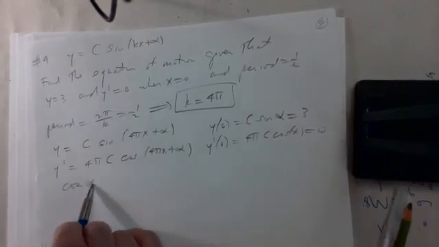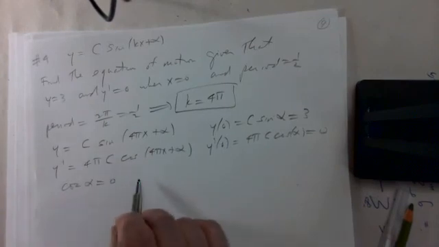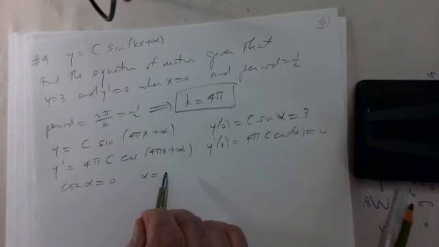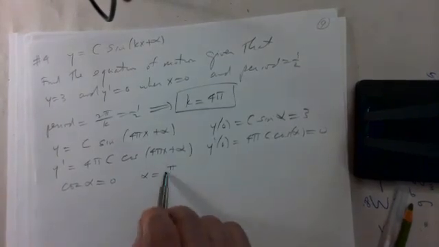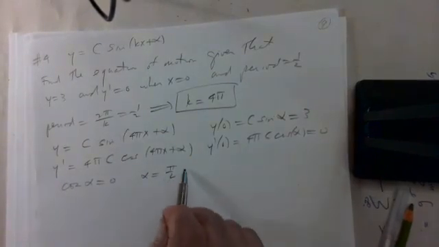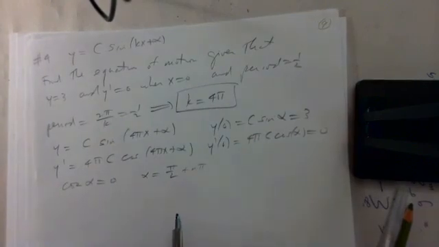So cosine alpha equals 0, which means alpha is pi over 2 plus some multiple of pi, perhaps, plus any multiple of pi.